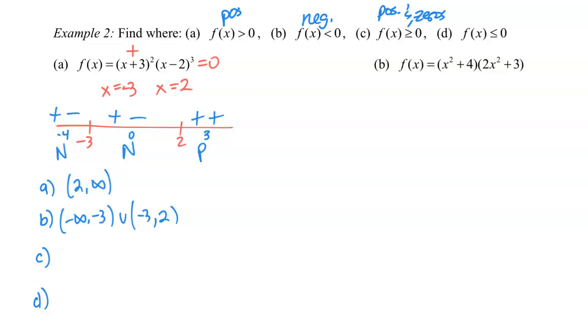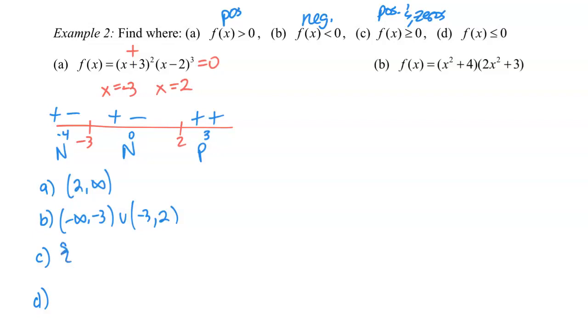It's going to include -3 because that's a zero, and it's going to include the 2 along with this positive section. I want to erase what I just did because I don't want to have to redraw my sign chart, but hopefully you can see what our answer is going to be.